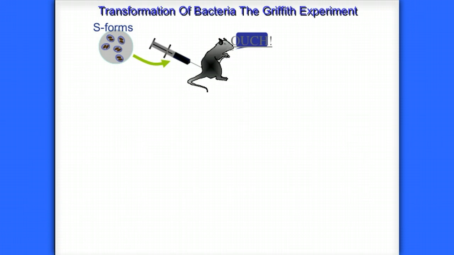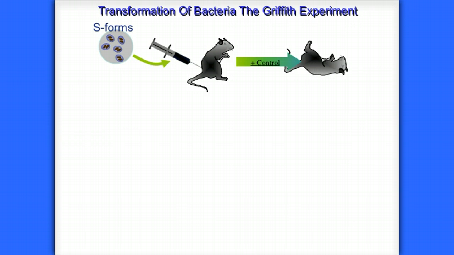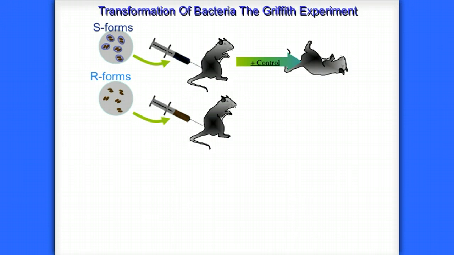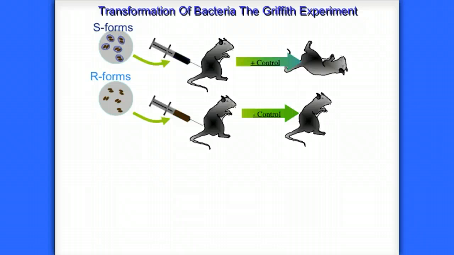Once injected into a rat or a mouse, it dies because it is virulent and capsulated. Let's take another strain of bacteria, the R forms. On injecting, we found the animals to survive because they were non-virulent. They did not have a capsule.